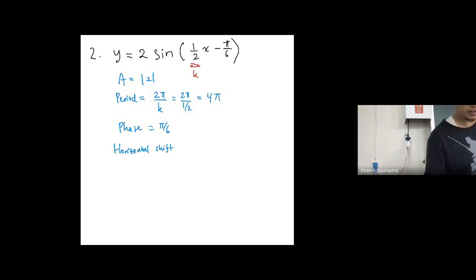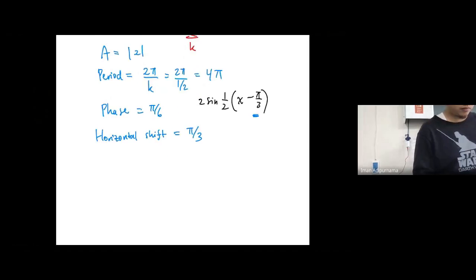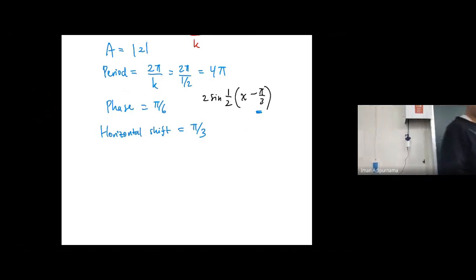If you want to write the formula with the k outside, then it should be this, right? So this pi over 3 is the horizontal shift. So you can say that the phase is actually the horizontal shift multiplied by k. It's actually phase.